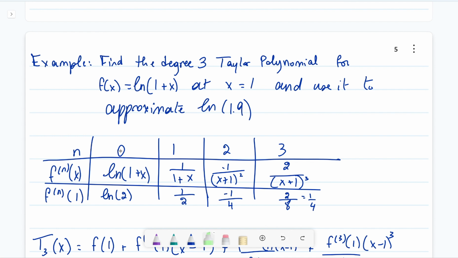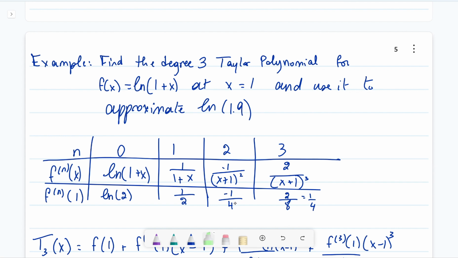So first, when it's 0, we write the function itself here. And ln of 1 plus 1 is ln of 2. The derivative of ln of 1 plus x is 1 divided by 1 plus x, and 1 divided by 1 plus 1 is half. The derivative of 1 divided by 1 plus x is negative 1 divided by x plus 1 squared.